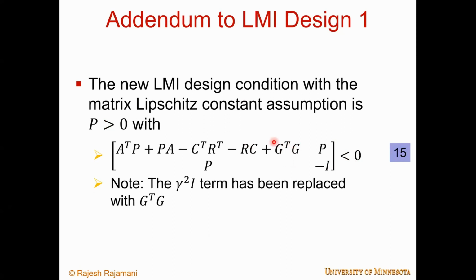Now G transpose G is likely to be less than gamma square I, because G is a sparsely populated matrix. So this LMI is likely to be more feasible than the original gamma square I LMI. This is one of the simple tricks you can use to make your LMIs more feasible.